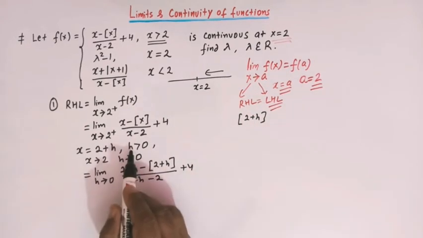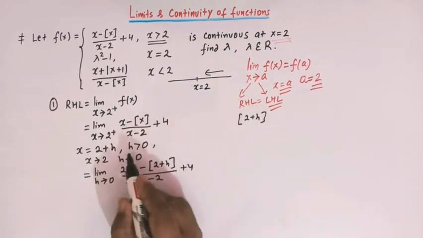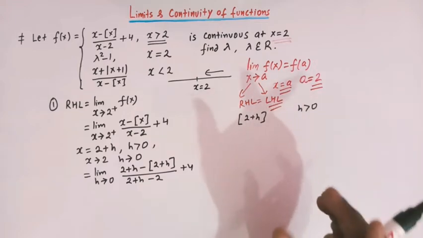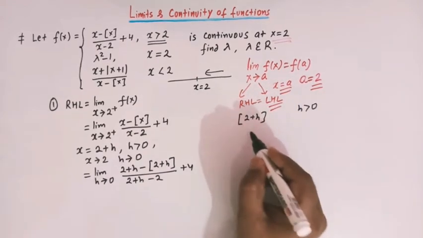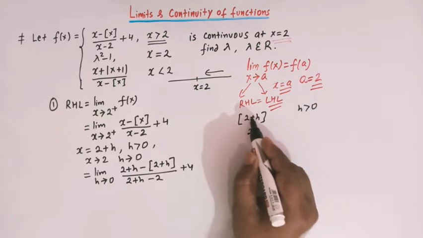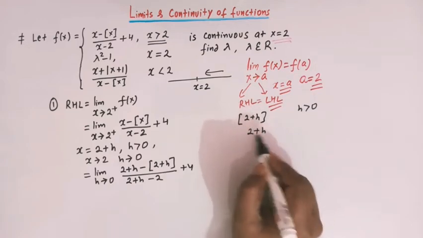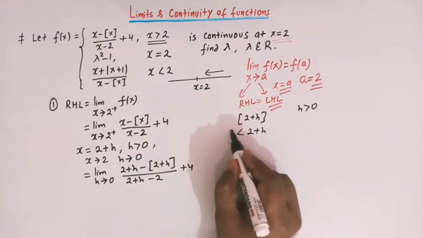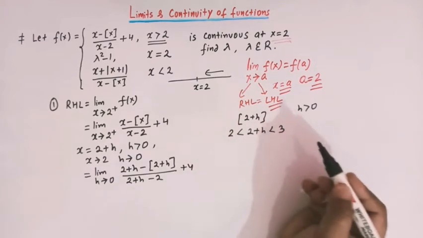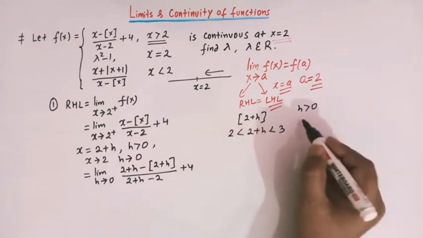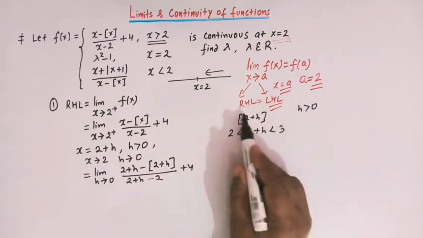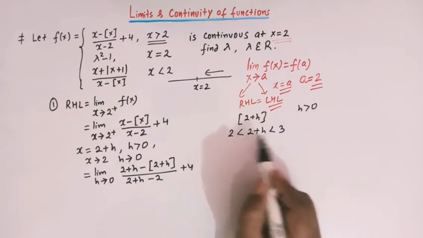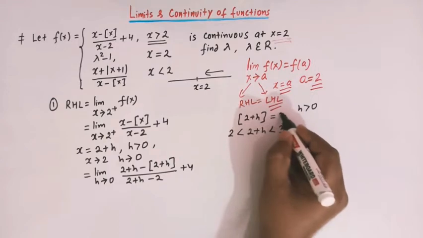As h is a positive and very small quantity, 2 plus h is slightly greater than 2 but less than 3. From the definition of the greatest integer function, the value of the greatest integer of 2 plus h when 2 plus h lies between 2 and 3 is 2.